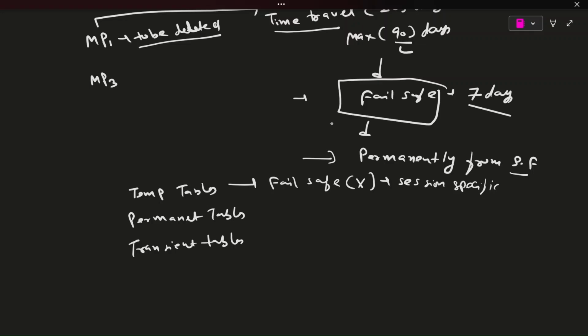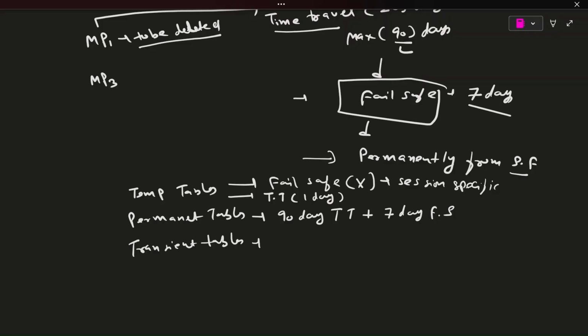And I think time travel is also maximum 1 day, if you have not deleted this temporary table. Permanent table goes through 90 days time travel plus 7 days fail safe.